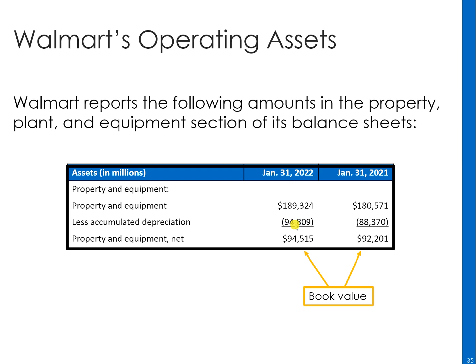I'm going to talk about that. So we're going to report a net amount of these long-term assets. We can call this book value. Alright, so let's talk about how we arrive at those numbers.